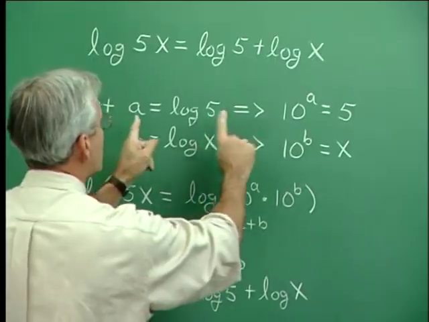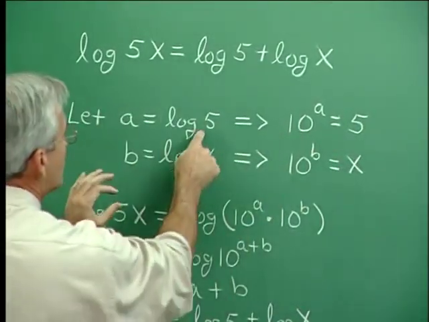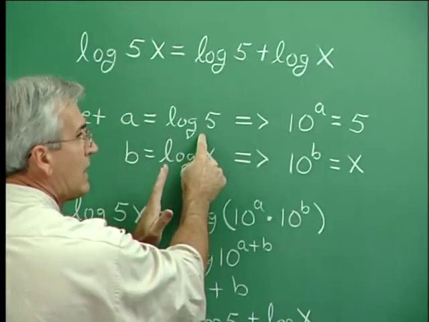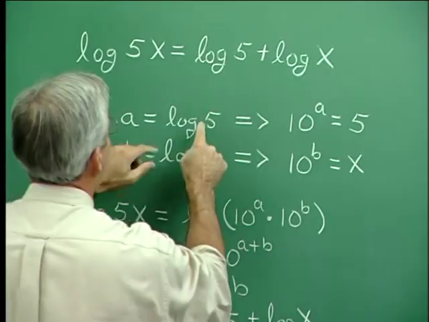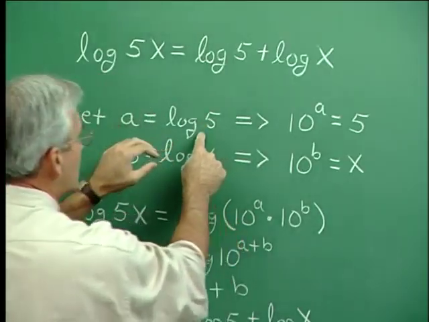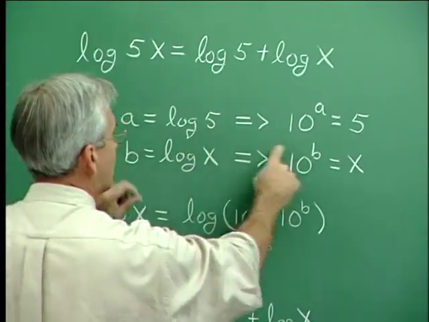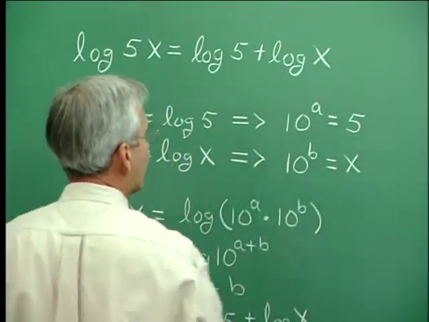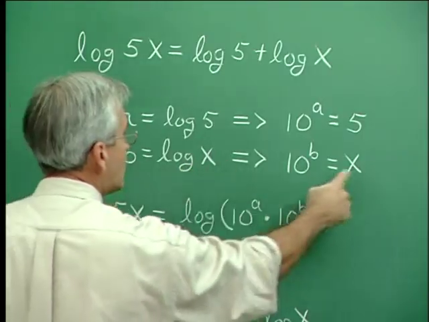So this is equivalent to, or implies, let's see, now I'm using the common log base of 10. If I used 7, it would work out the same way or whatever, but I'm just using log 5. No base is indicated, so it's understood to be 10. So we have base exponent equals 5. So 10 to the a power is equal to 5. And here, if b is equal to log x, then 10 to the b power is equal to x.